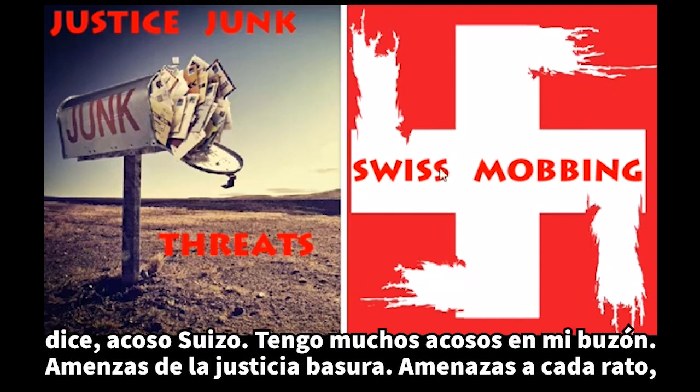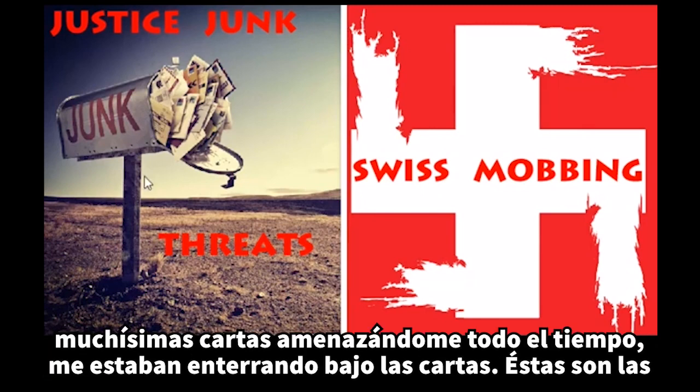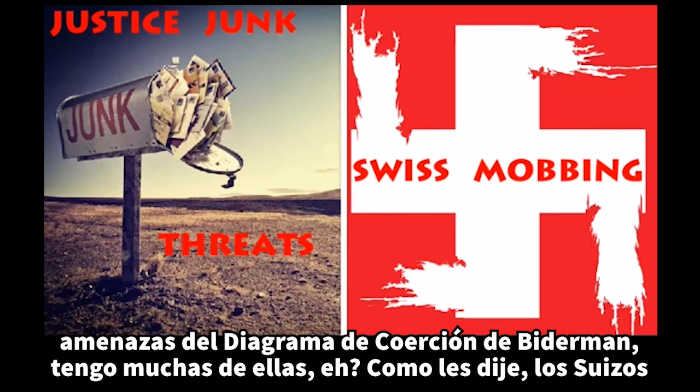So here it says Swiss mobbing. And I got a lot of mobbing through the letterbox here. Justice junk threats. Threat every time, loads of threatening letters all the time, they were burying me under it. So this is threats on the Biderman's chart of coercion. Well, I had loads of those, eh?